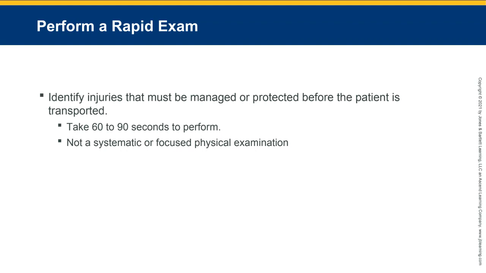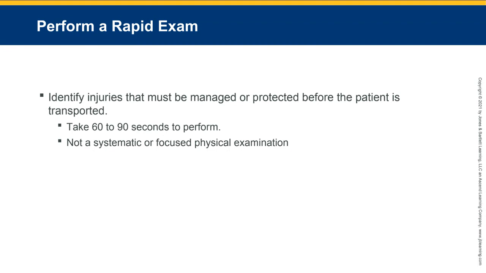If it is a medical patient, if the medical patient is not able to tell you sensibly what has occurred, or family members and bystanders are not giving you valuable information, then a rapid scan would be required for your medical patient. And with a medical patient, we're not only focusing on trauma issues, we're focusing on medical stuff as well.